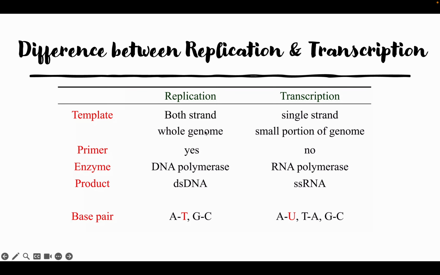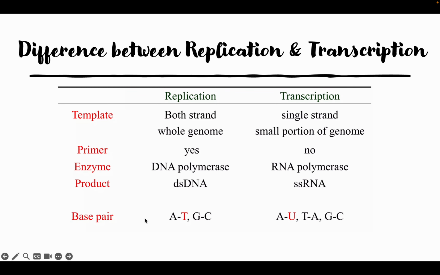For replication you require primers to initiate, but for transcription there is no need for a primer. The enzymes are also different: replication needs DNA polymerase, but transcription needs RNA polymerase. The product for replication is double-stranded DNA, and for transcription it is single-stranded RNA.